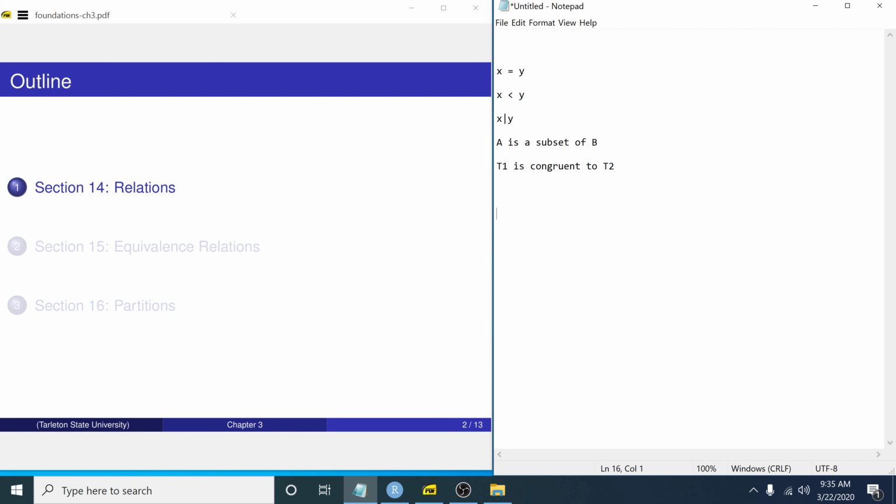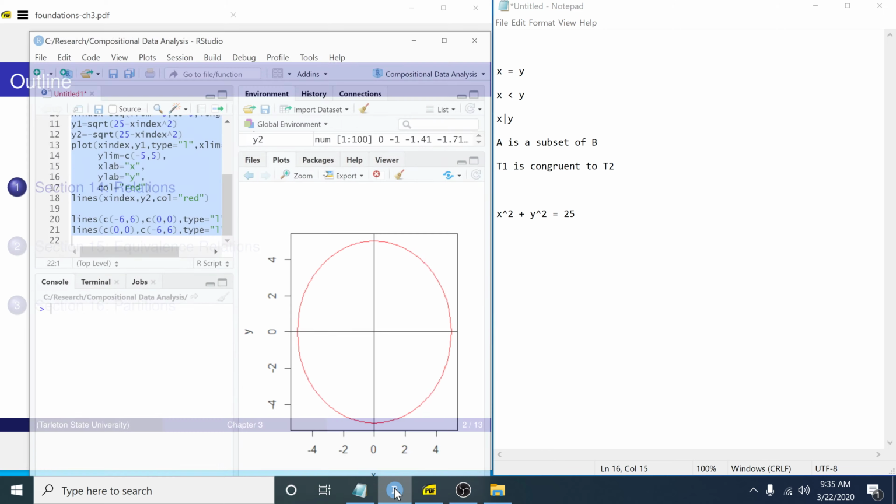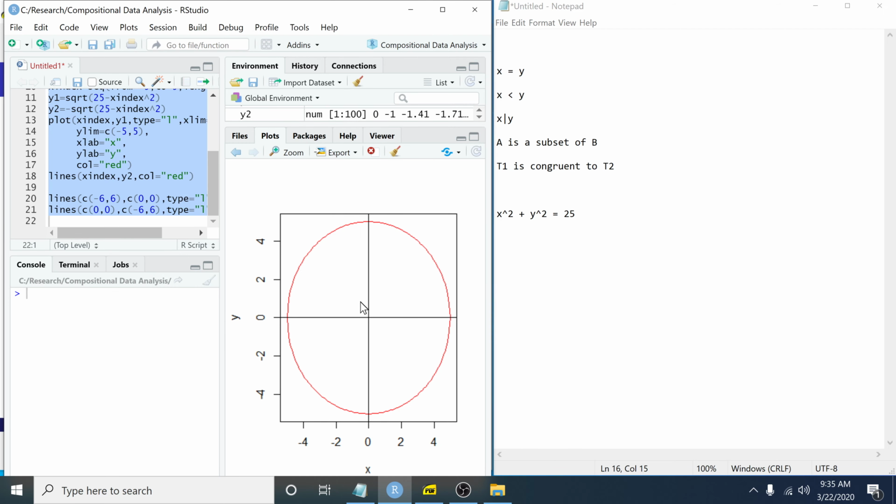Now, there's another way that you've seen relations where you've probably actually used the term relation to talk about it, and that's if you have an equation like x squared plus y squared is equal to 25. In this situation, we, of course, know what's going to happen. If we plot this, we're going to get a circle with a center at the origin and a radius of 5.